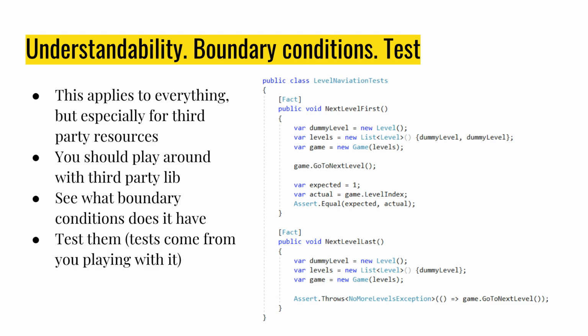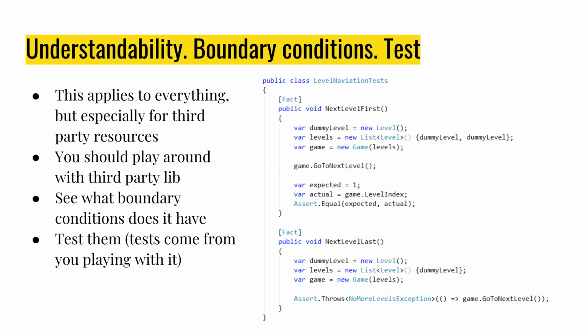Especially if it does not already provide tests. If it does, well, you can just reuse those. So those tests will be self-documenting code, and it will help you better understand to which parts of the function, to what cases you should pay more attention when dealing with a class.